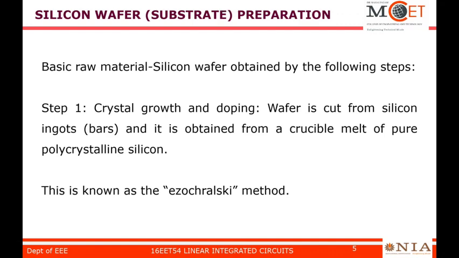A basic raw material, the silicon wafer, is obtained in the following steps. I am just going to tell about the steps of how a silicon wafer is obtained. Step 1, crystal growth and doping. Wafer is cut from silicon ingot bars obtained from a crucible melt of pure polycrystalline silicon.